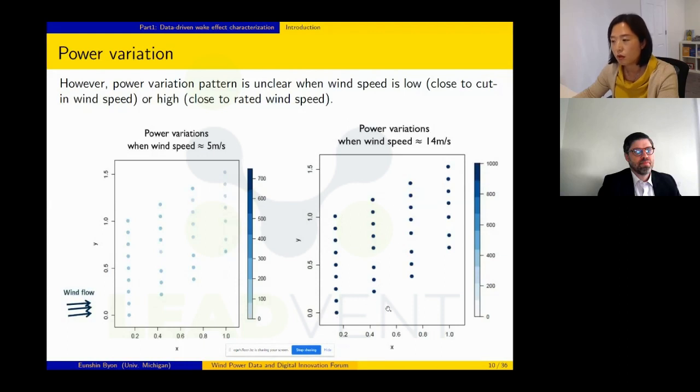So the downstream turbines still have sufficient energy to convert to the rated power. Because of that, the turbine-to-turbine variation is not very clear.